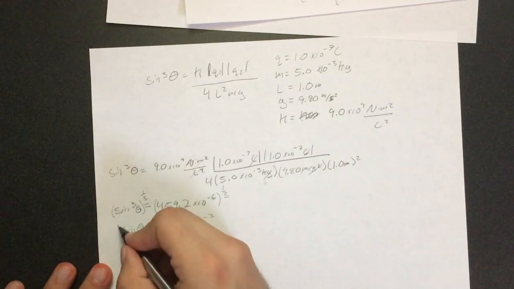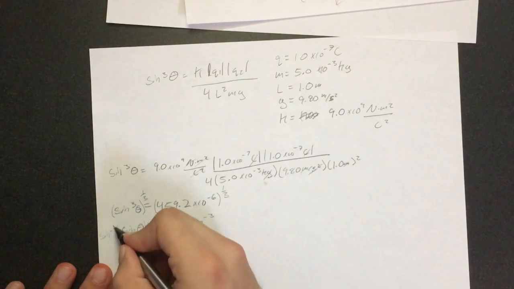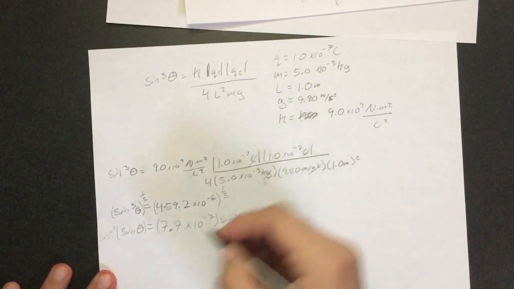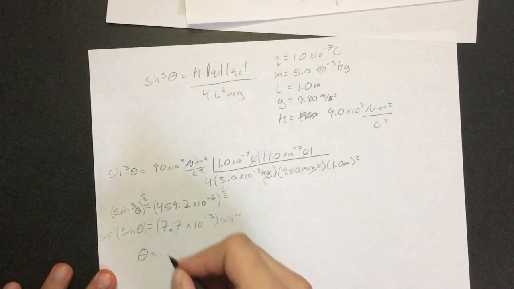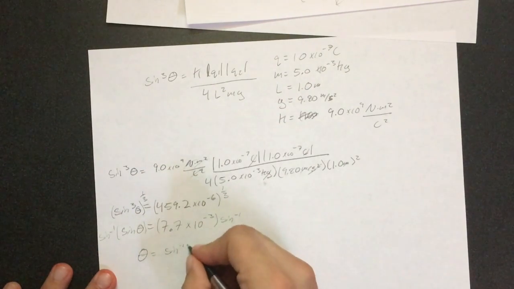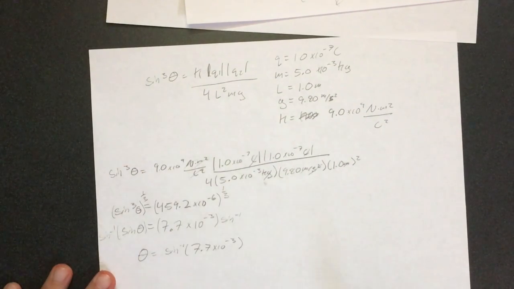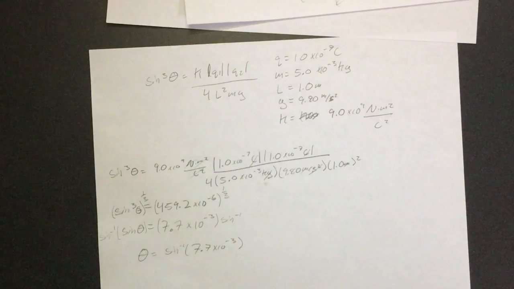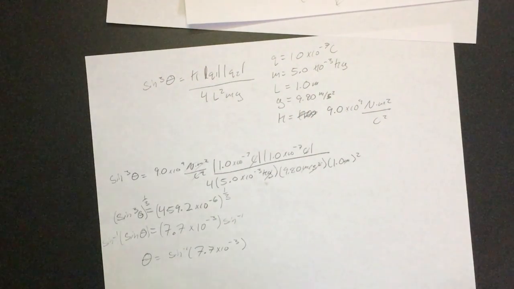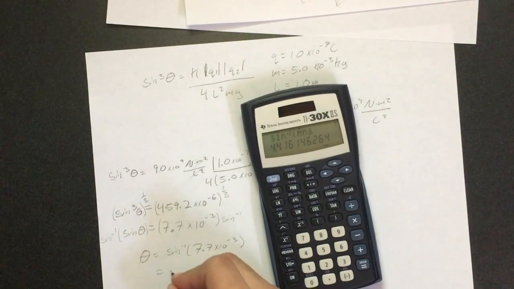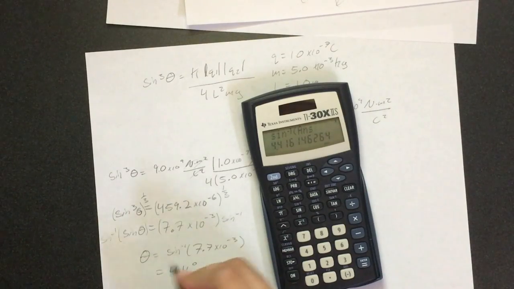From there, we do the inverse, sine negative 1. So we end up getting theta equals sine negative 1 of 7.7 times 10 to the negative 3. And then we plug this all into our handy dandy calculator. We end up getting a value of 4.4. And that is the problem.